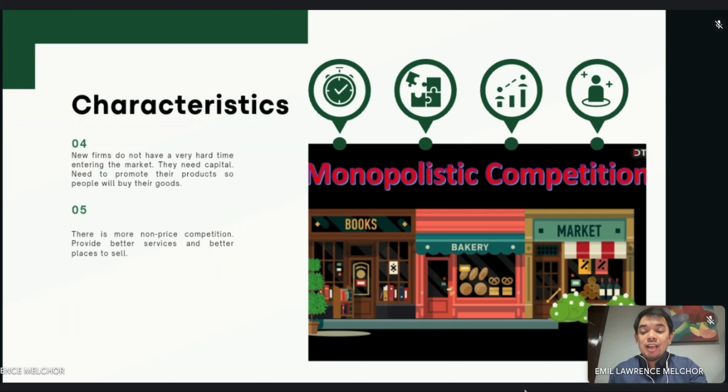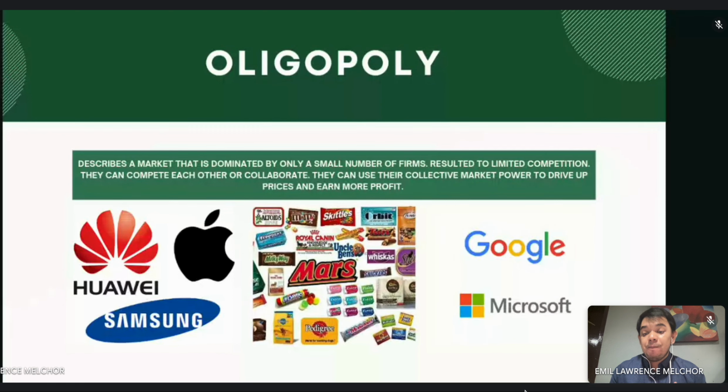Remember that. Now we move on to the third one, which is oligopoly. It describes a market that is dominated by only a small number of firms, resulting in limited competition. They can compete with each other or collaborate. They can use their collective market power to drive up prices and earn more profit.